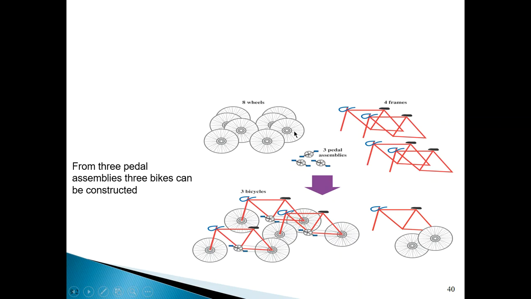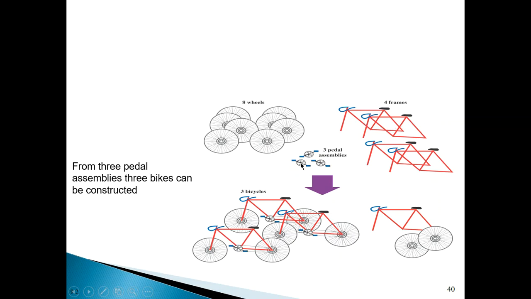So the question is, how many bicycles can we actually manufacture given that we have 8 wheels, 4 frames, and 3 pedal assemblies? Well, if you think about the equation, in order for you to use up all the 8 wheels, right, you're going to need 4 frames. So there's no problem there.